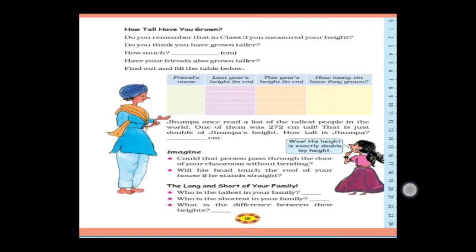One of them has a height of 272 centimeters. Jampa says that is just double her height. 272 centimeters is there, and that is just double Jampa's height. How tall is Jampa, dash centimeters? So you have to find the height of Jampa.